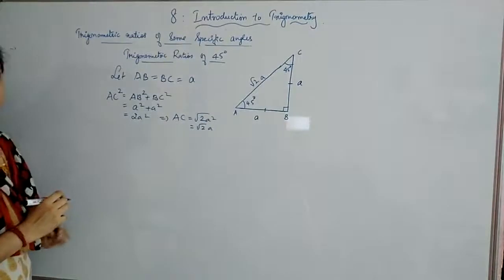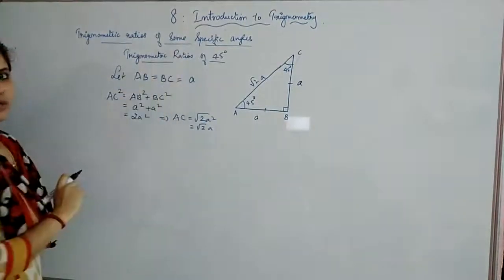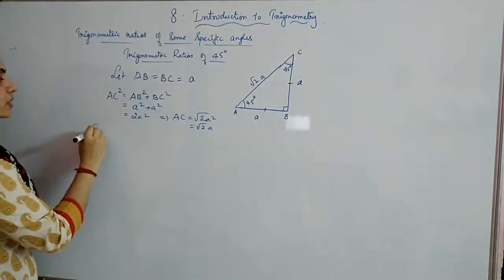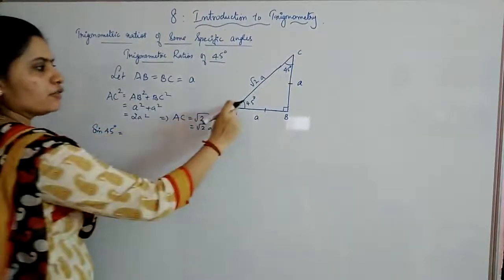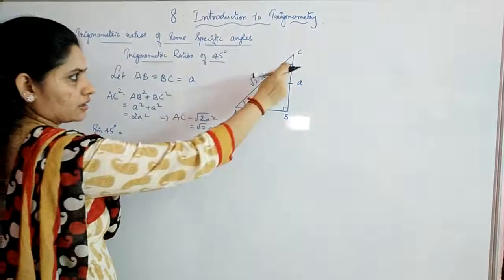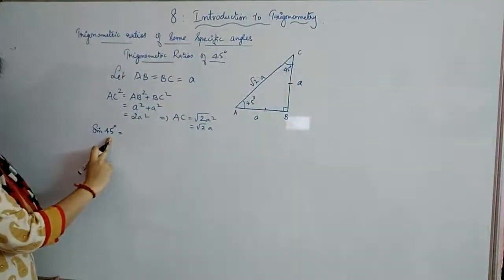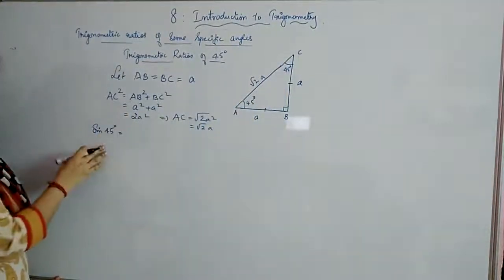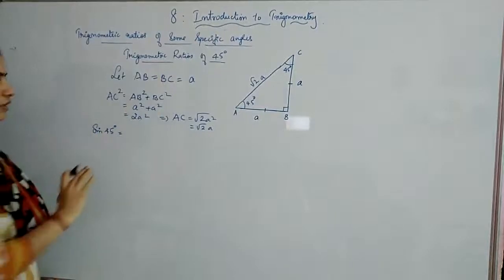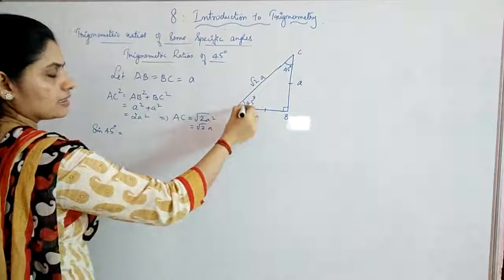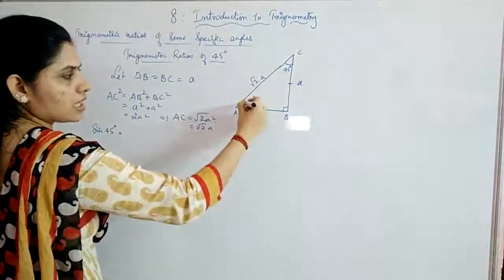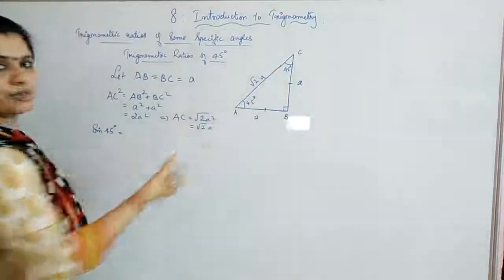Now we can go for the trigonometric ratios of 45 degree. First we will find out what is sine 45 degree. Again, whether you take sine A or sine C, you have the same angle, sine 45. Sine of any angle is the opposite side to that angle divided by hypotenuse.